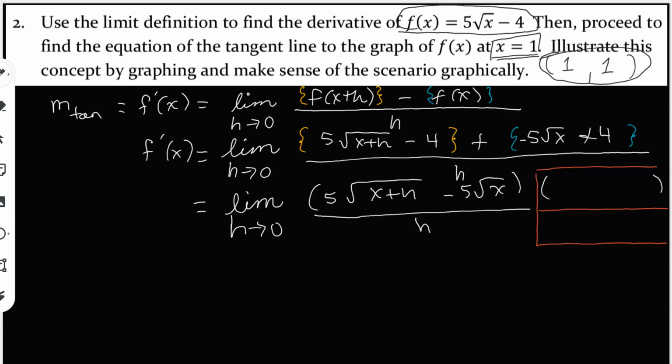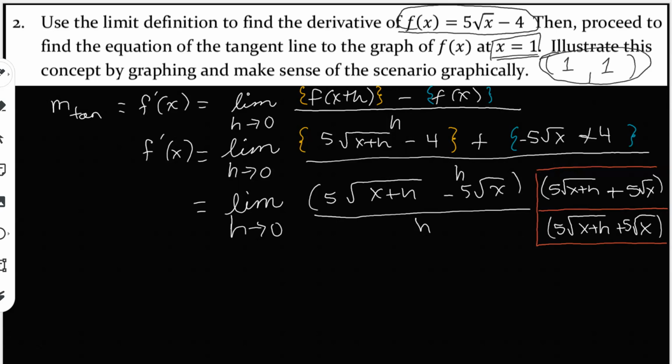Here we have a minus b in that form, so I'm going to multiply by a plus b. That will be 5 square root of x plus h plus 5 square root of x. The same thing on the denominator, so that we are only multiplying by 1 and it's not going to change our expression. That is 5 square root of x plus h plus 5 square root of x.